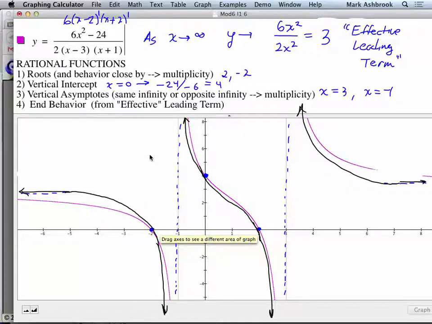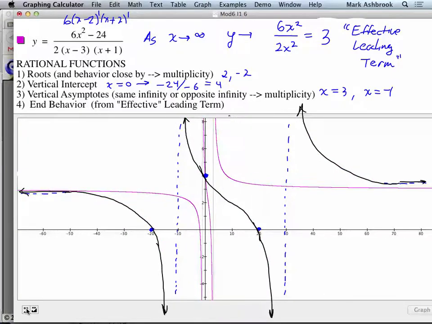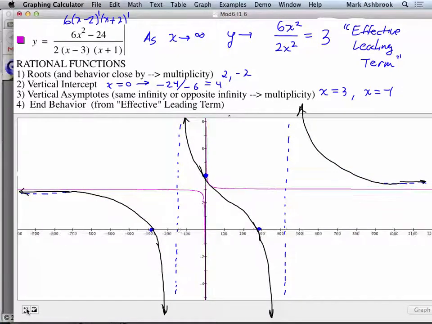So let's see that. Here we go. As I zoom out, we're disregarding the middle behavior now and just looking at the end behavior by looking at large values of x. I have not changed the function that I'm graphing. I'm still graphing the exact same rational function, but I'm just looking at huge values of x to the right and to the left.